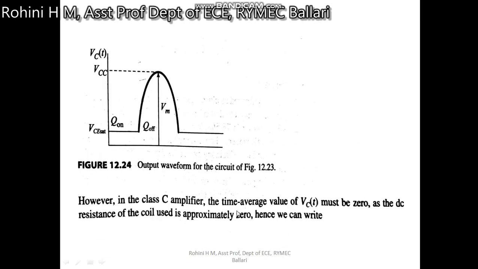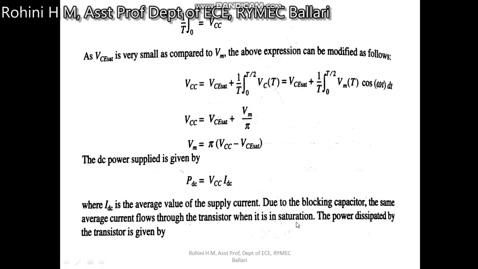However, in the class C amplifier, the time average value of Vc of t must be 0, as the DC resistance of the coil used is approximately 0, and hence we can write 1 over T integration from 0 to T of Vc of t equals Vcc. As Vc sat is very small compared to Vm, the expression can be modified as Vcc equal to Vc sat plus 1 over T integration of 0 to T by 2 of Vc of t.